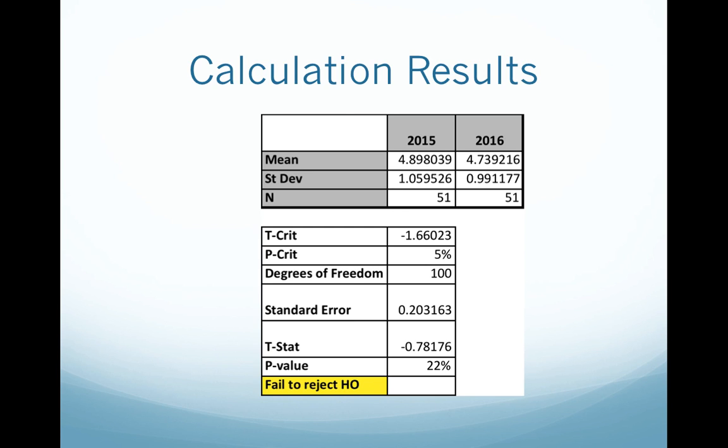So there's enough of a chance that it could have come from that population that we can't reject it, and so we would say it's still possible that the unemployment rates really haven't changed, and so we're going to fail to reject in this case.